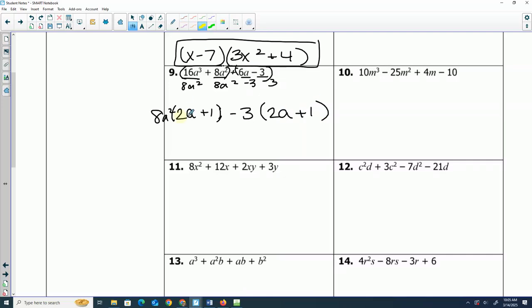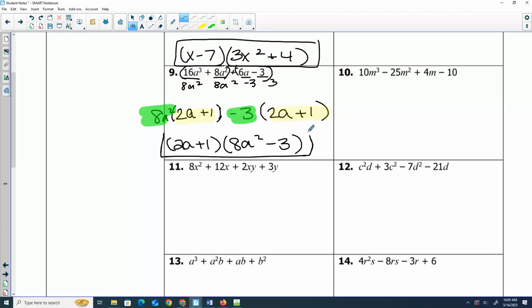So I check. My parentheses match. So I can take that out. If I take out the 2a plus 1, what's left? Does that make sense?